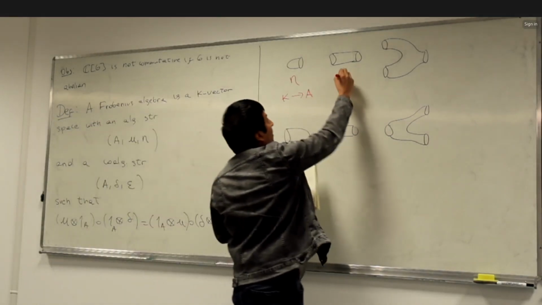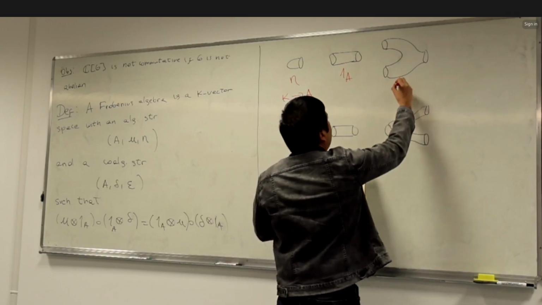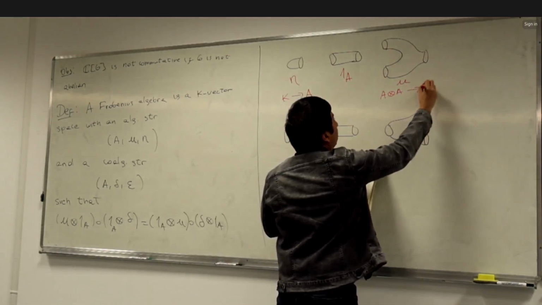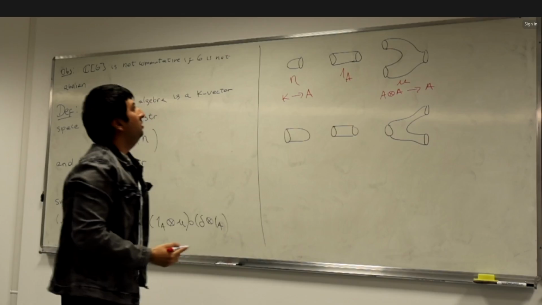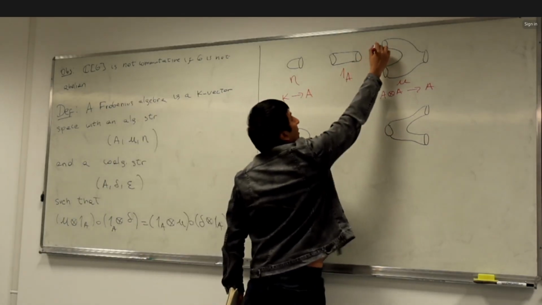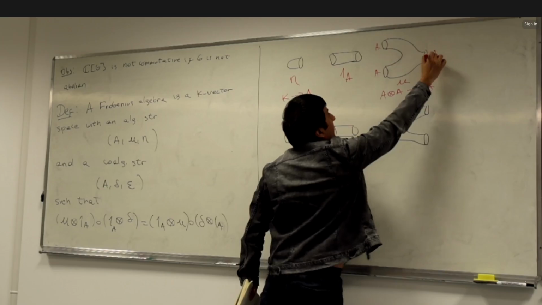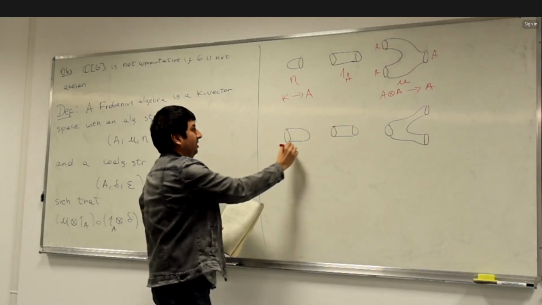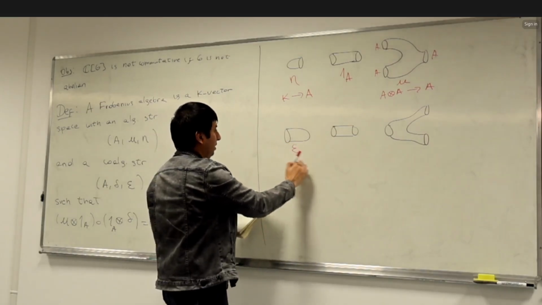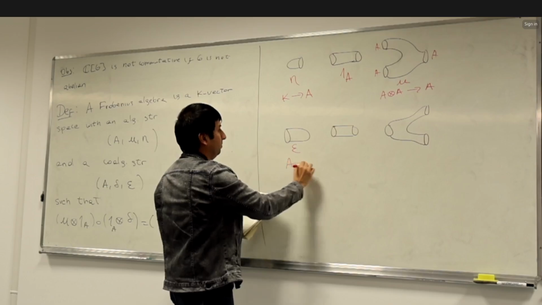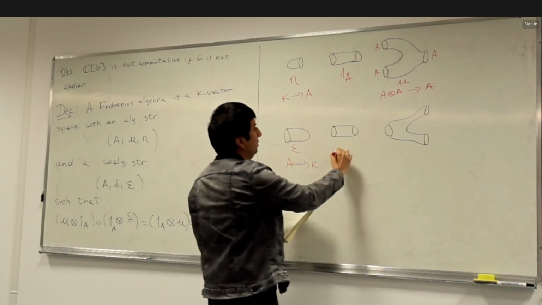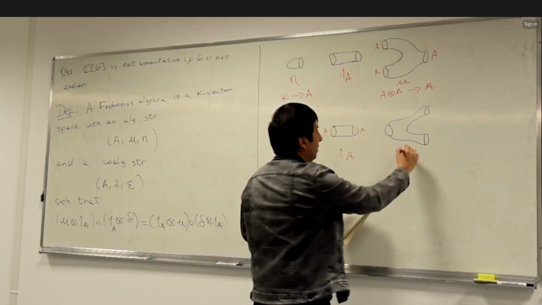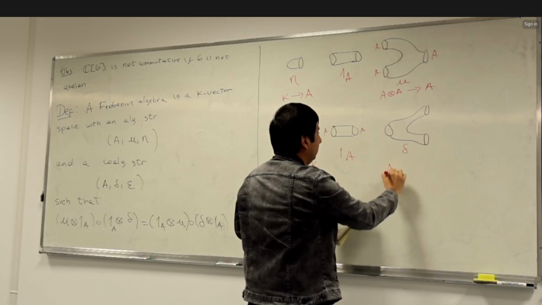Well, this of course is the identity. This is the product. It's like we have A, and A here. This is the counit. Well, this is again the identity. This is the coproduct.